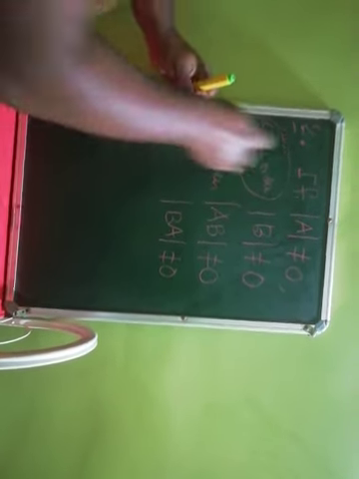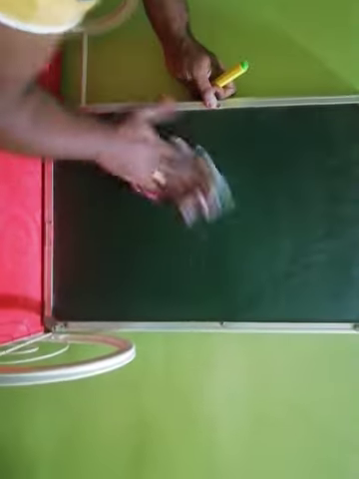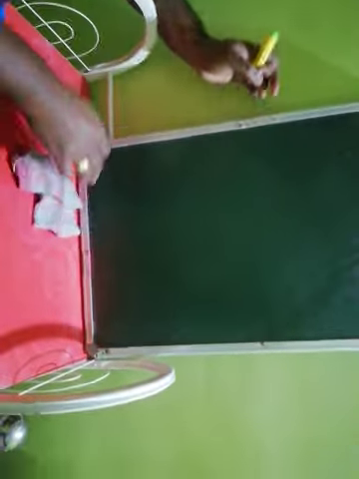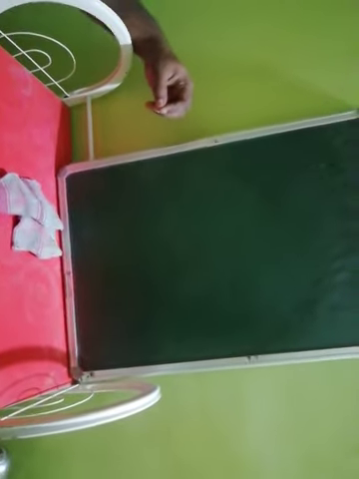Now the next result is that the determinant of the product of matrices is equal to the product of the respective determinants.